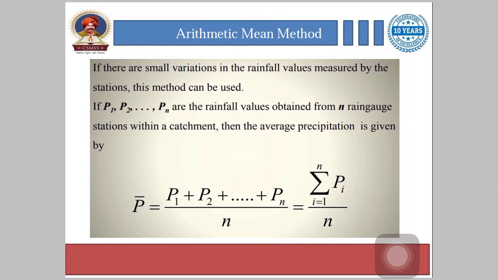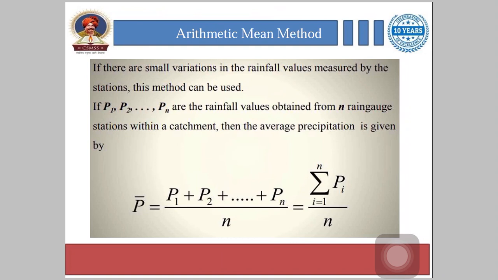This arithmetic mean method is a simple method, and it includes the averaging of all amounts recorded at the various stations in the area, which are added and then divided by the number of rain gauges. If there is small variation in the rainfall values measured by stations, then this method can be used.